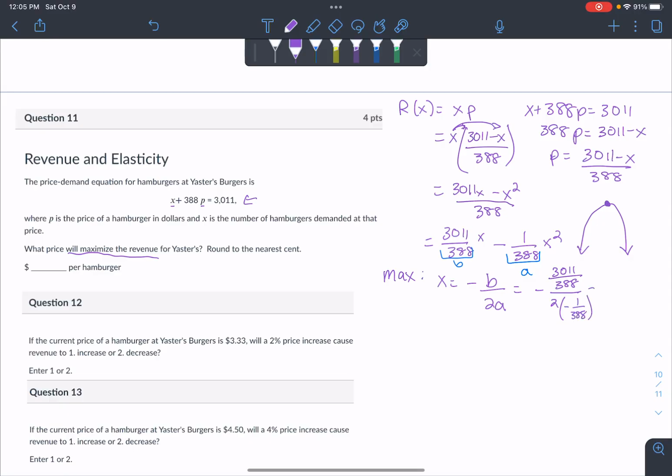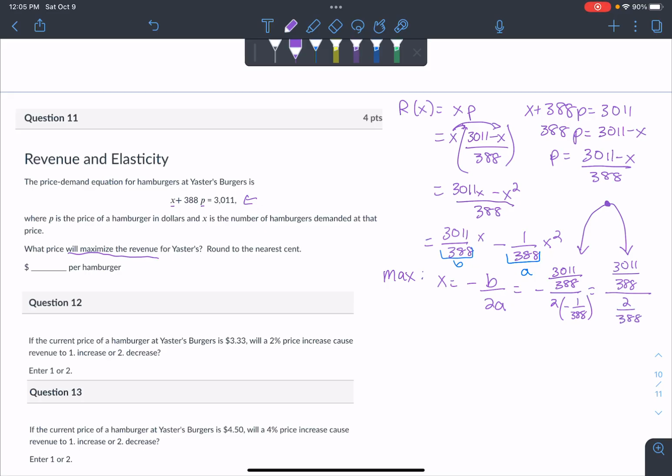So we can kind of simplify a little. These negatives, when they are multiplied or divided, will make a positive, so we can drop this negative sign. And then if we multiply the 2 through the denominator, we get this.